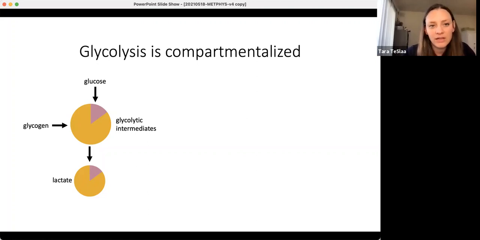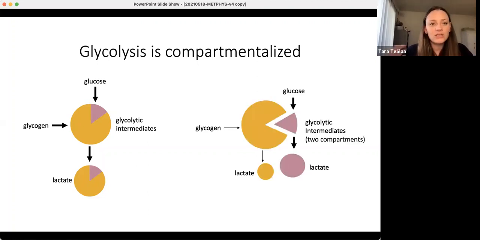But we know this is not true, because we know each tissue or organ has its own glycolytic intermediate pool. And therefore, tissues that use glucose, such as red muscle, may account for less of a fraction of the overall glycolytic intermediate pool, but it may have a higher rate of lactate production.